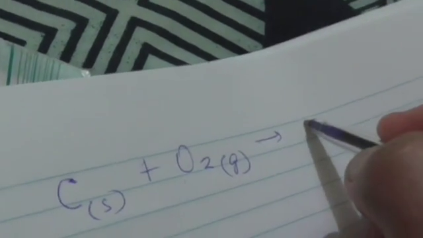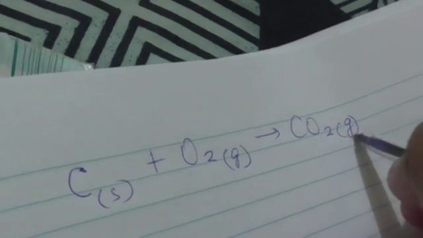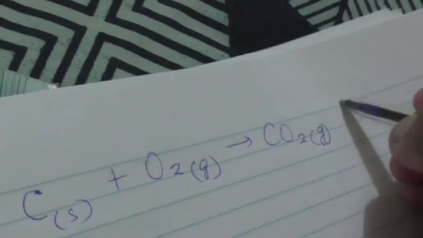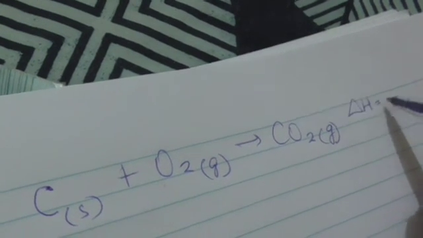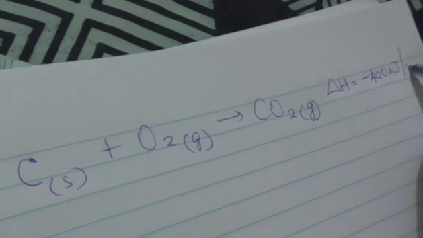Okay, so the equation for us is this. Carbon, which is a solid, combines with oxygen or burns in oxygen to form carbon dioxide, and a lot of heat is given out, and the heat is delta H, which is negative 400 kilojoule per mole.